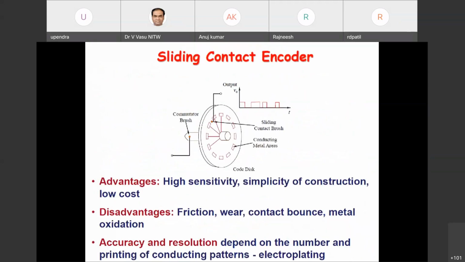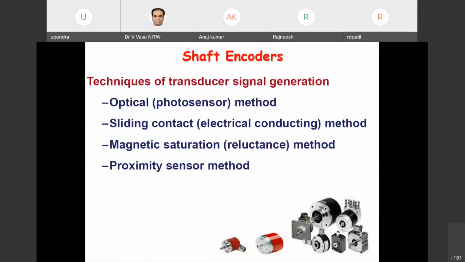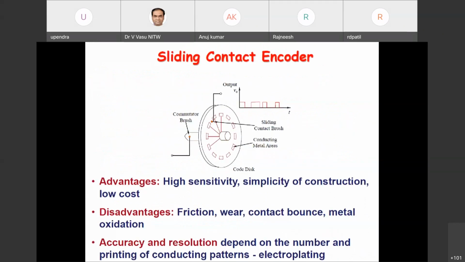Okay, so for the shaft encoders, the techniques mainly used are the optical method, the sliding contact, the magnetic saturation method, or the proximity sensor method. With the sliding contact, optical encoders have a light passage, a small portion will be cut, and the disc rotates on that.